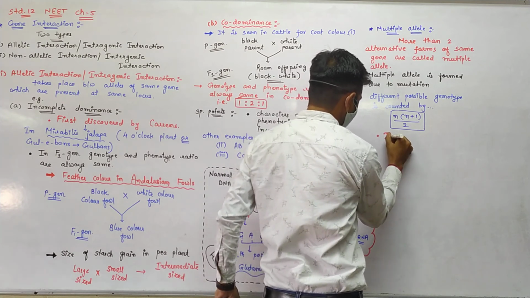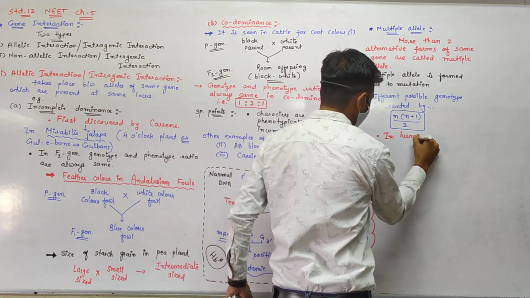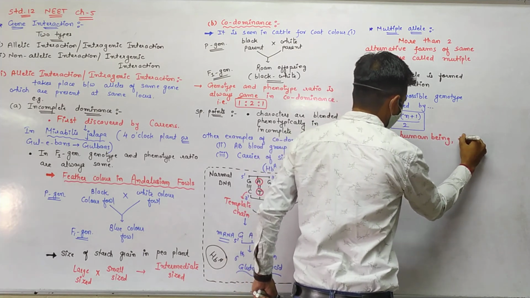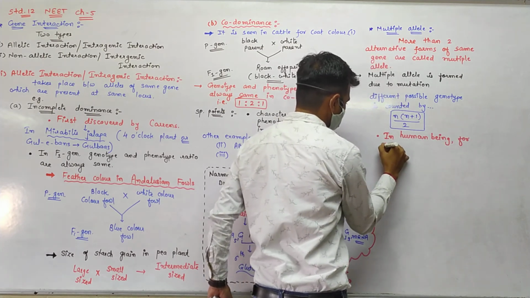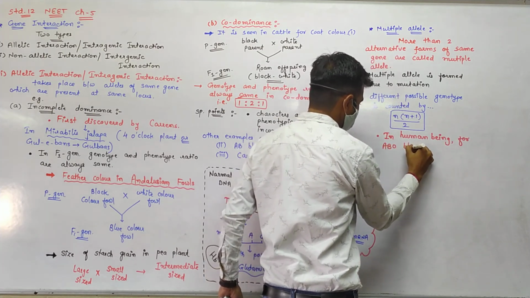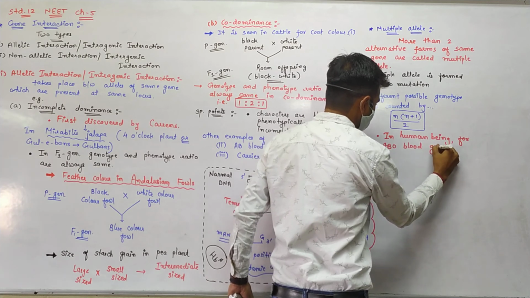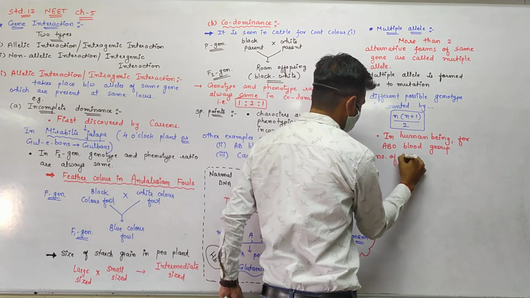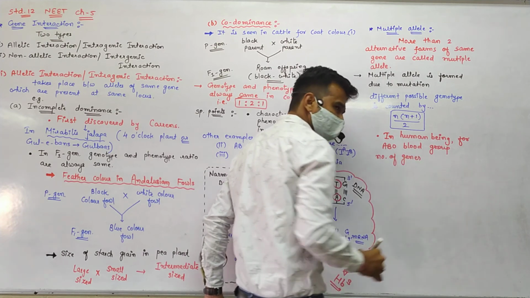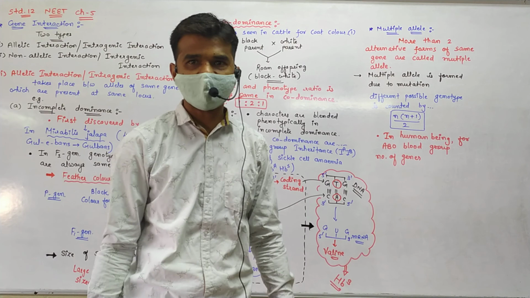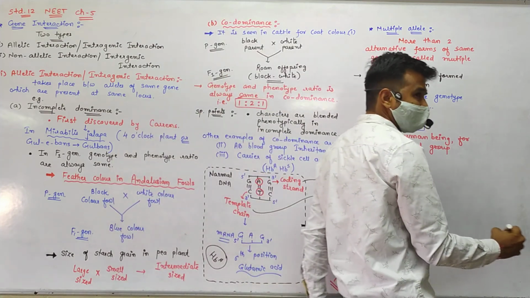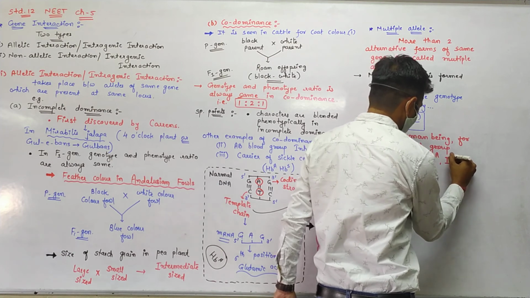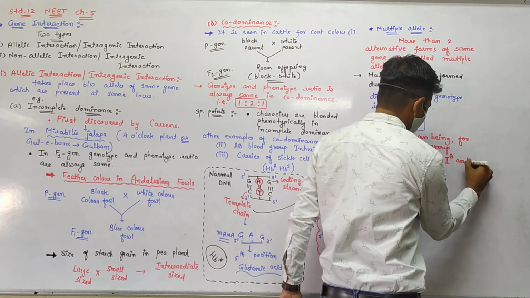So in humans, for the ABO blood group, the genes responsible for controlling the blood group are, which are they? IA, IB and small i.